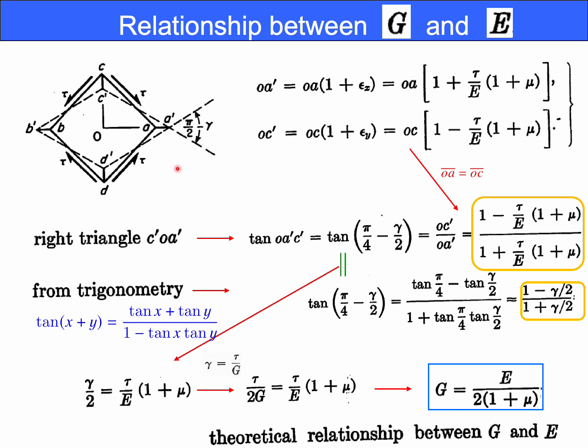Then tangent OA prime C prime equals tangent pi over 4 minus gamma divided by 2. Okay, this tangent becomes this, and that can be calculated by the length of OA prime and OC prime, and OA prime is this, and OC prime is this. Therefore, it becomes like this.